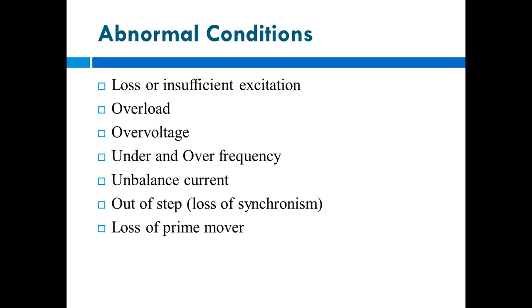Second is overload. If the load on the generating unit increases beyond its capacity, then also the generator will fail to operate. Third is over voltage. If the voltage increases beyond its rated value, that is the over voltage condition.